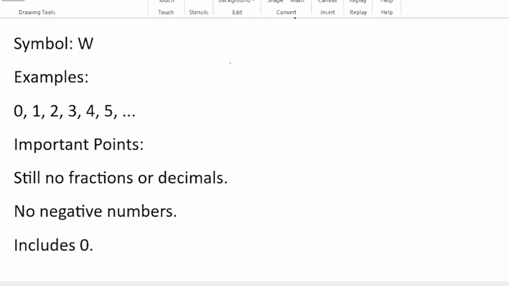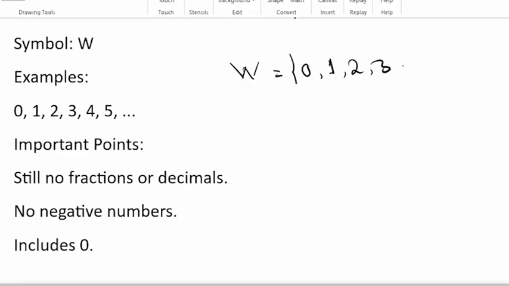For example, whole numbers equal 0, 1, 2, 3, 4, 5, and continue. These types of numbers are called whole numbers.